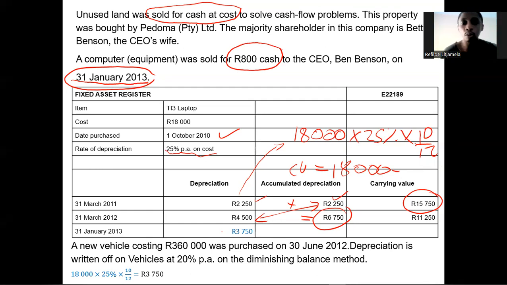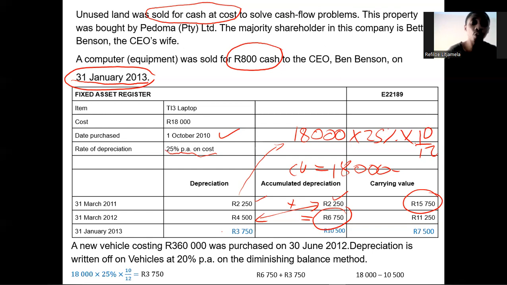Accumulated depreciation will be 6,750 plus 3,750. That will give us 10,500. To calculate the carrying value, we'll simply take 18,000 minus the 10,500. The carrying value on the 31st of January 2013 will be 7,500.